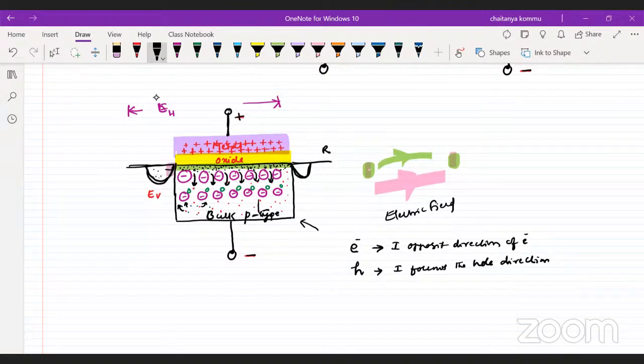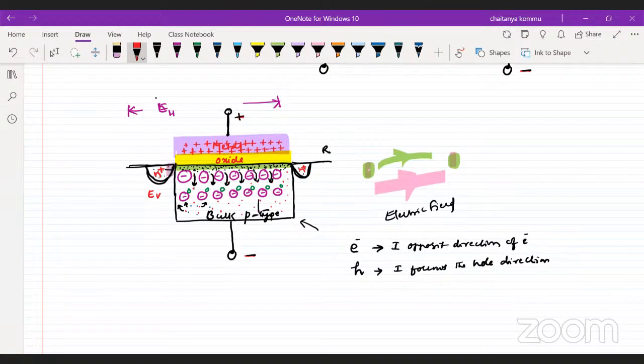We have plenty of electrons here and plenty of electrons here. Usually we call these heavily doped carriers. Since they are electrons, we have to take n plus electrons only. So the heavily doped electrons are what we consider here, and both the left-hand side and the right-hand side have plenty of carriers available.